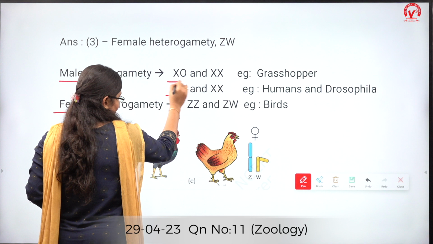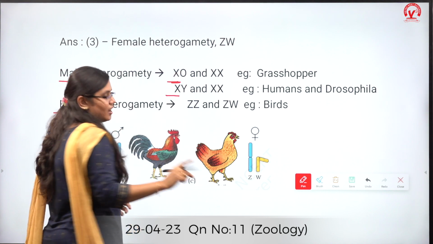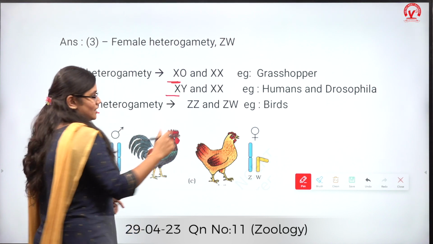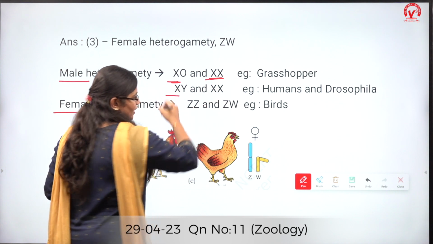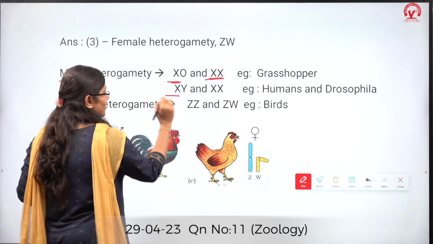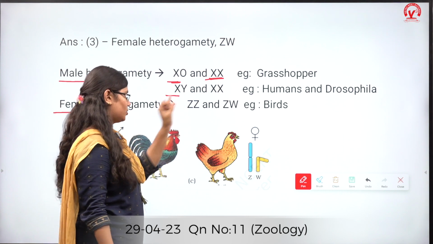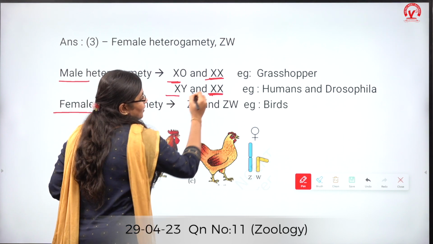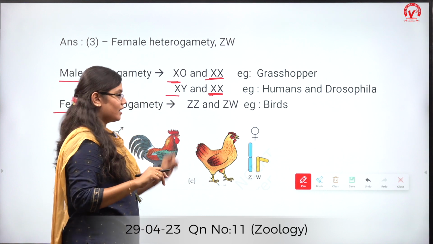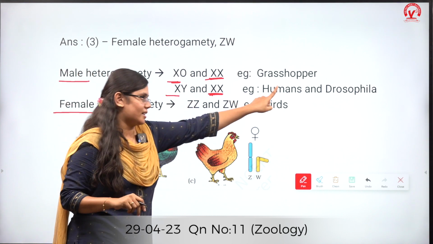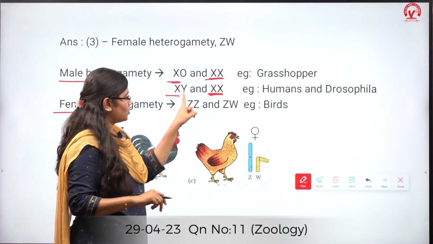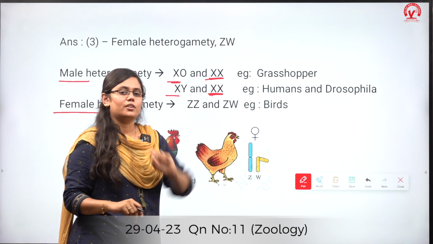So, in XO type, the male will have only 1 X chromosome, whereas the females will have 2 X chromosomes. In XY type, the male will have an X chromosome and a Y chromosome. Females will have similar 2 X chromosomes. Okay? So, the example for XO type is grasshopper and the example for XY type is human beings and Drosophila.